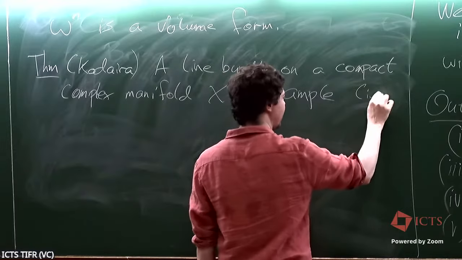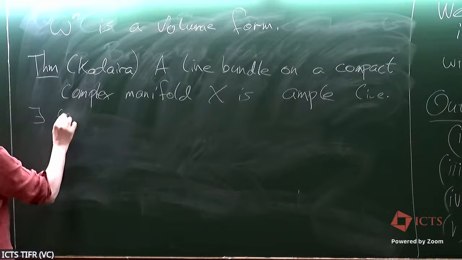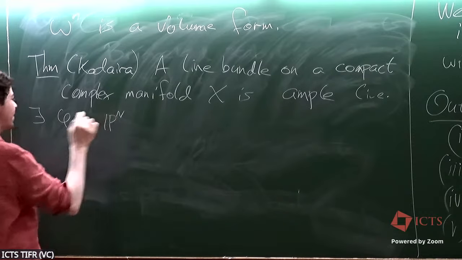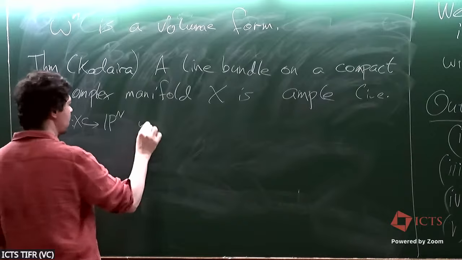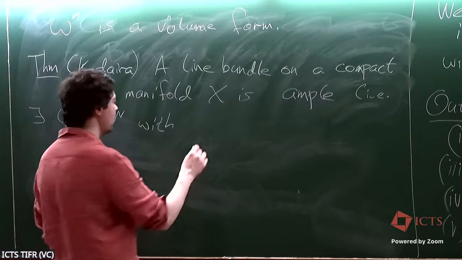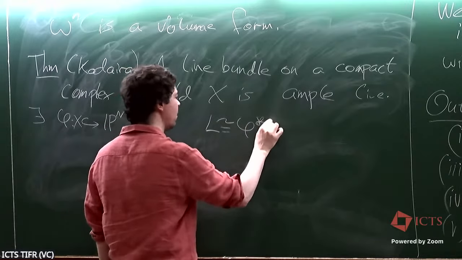So what does this mean? It just means that there is an embedding phi of X into P^n for some n, such that the pullback of the natural line bundle on P^n, the dual of the tautological bundle, namely the hyperplane bundle O(1), is just L, at least up to a tensor power.